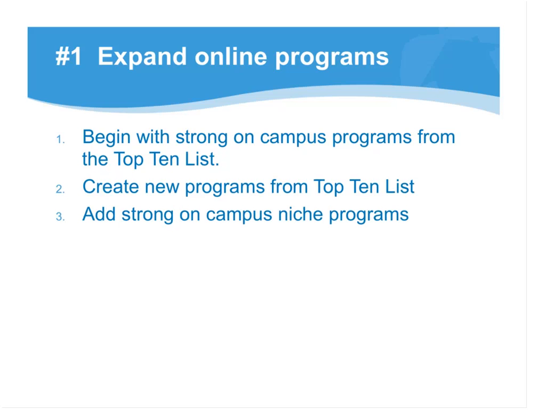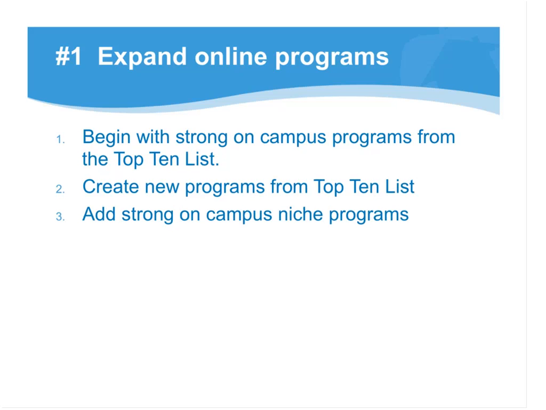Number 3 strategy along this line is, then you can think about adding niche programs. Just because it's not in the top 10 doesn't mean it may not be a good program for your particular institution. One of the favorite examples I like to share is one of the partner institutions here at the Learning House that has a bachelor's degree in mining.